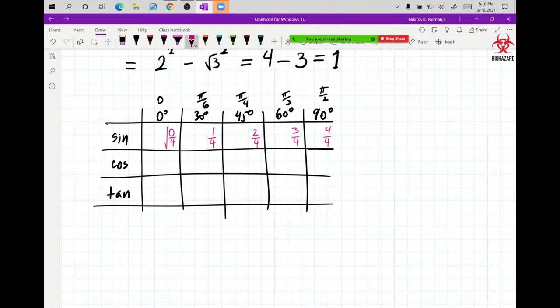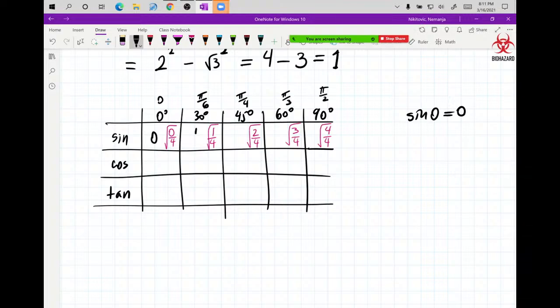And I'm going to take a square root in each. When you compute these, it will give you the value of sine for each one of those angles up there. So 0 divided by 4 is 0, square root of 0 is 0, so that's a big fat 0, meaning sine of 0 is 0.